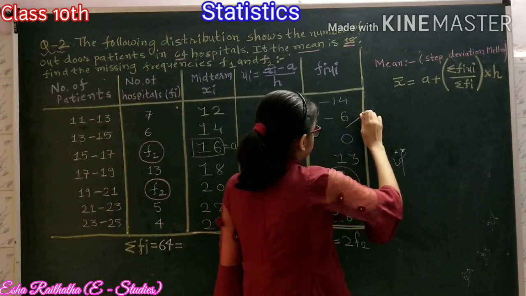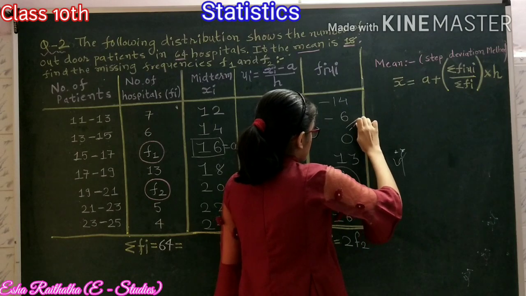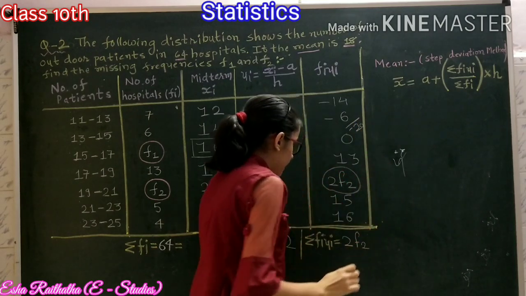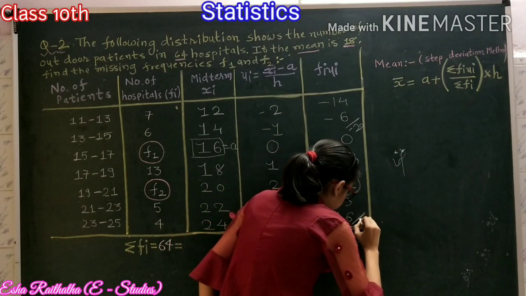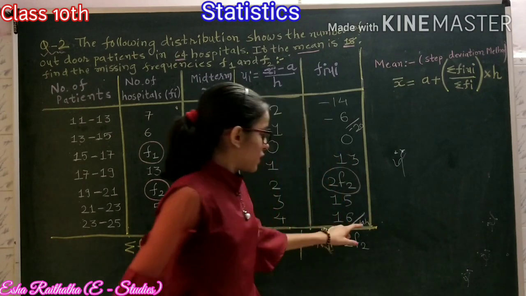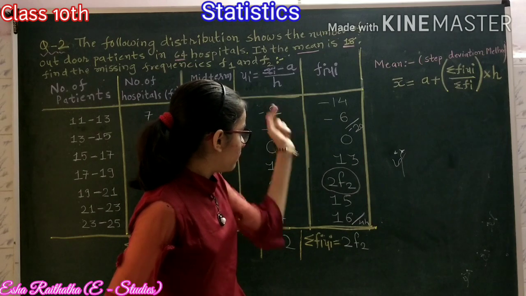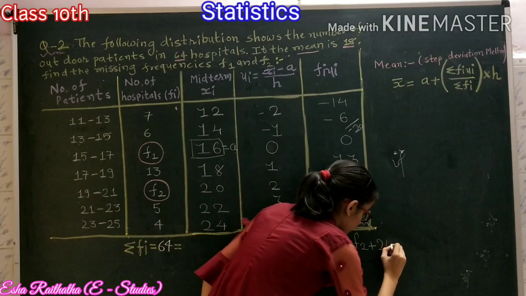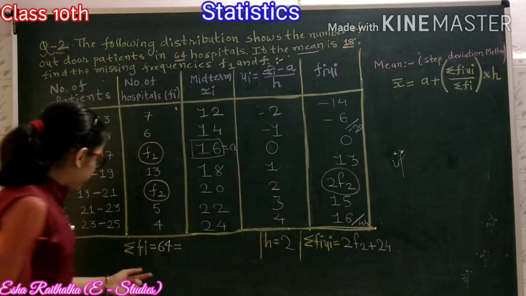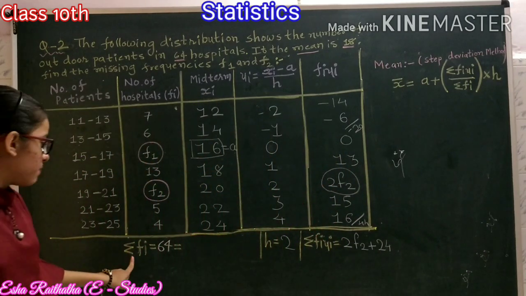It will become minus 20, and 44. So 44 minus 20 will be 24. So we will add 24 here.